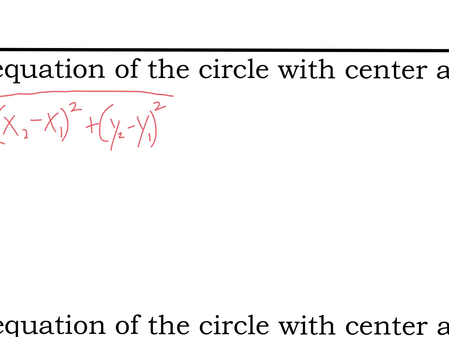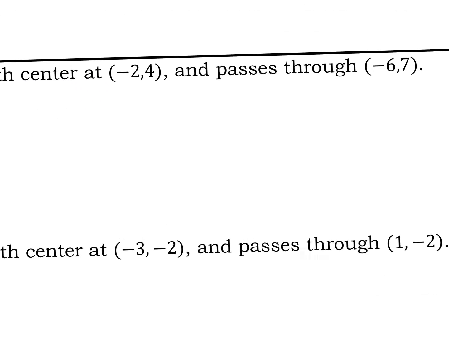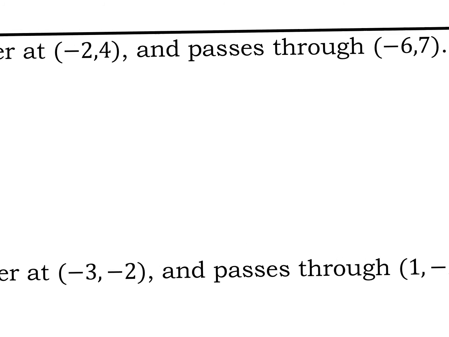So I'll just use the center point. It really doesn't matter which one's x1 or x2, but I'll use the center point as x1, y1, and the point that it passes through as x2, y2. So I'll plug those numbers into my distance formula.